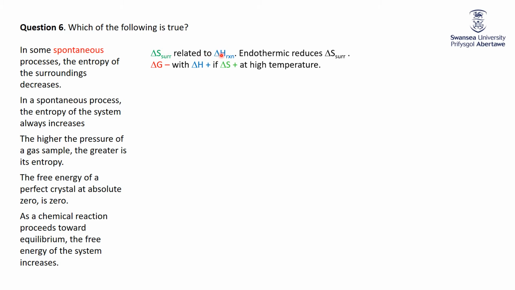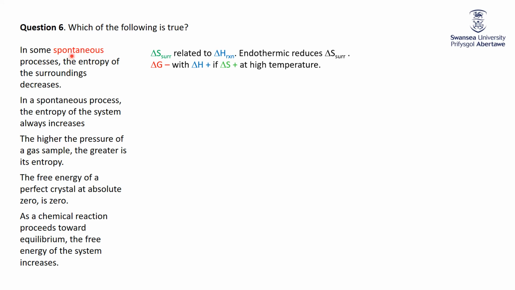But just because delta H is positive doesn't mean that it's going to be a non-spontaneous reaction. You can have a negative delta G overall with a positive delta H, as long as delta S is positive enough. So in other words, if the good delta S overcomes the bad delta H. So thus, yes, you can have spontaneous reactions in which the entropy of the surroundings decreases.